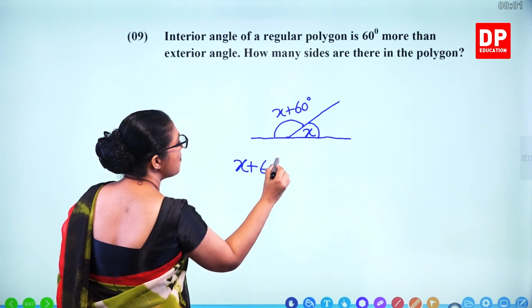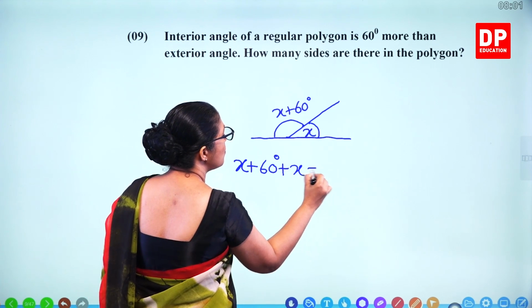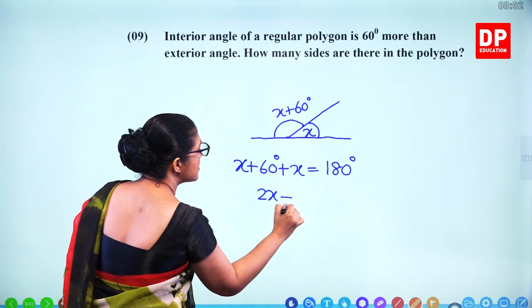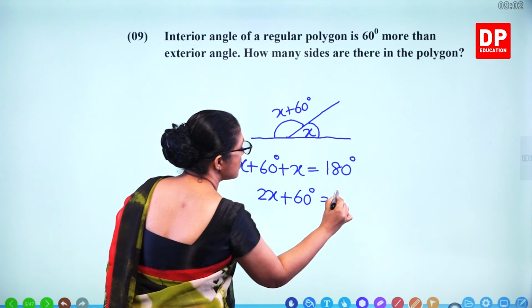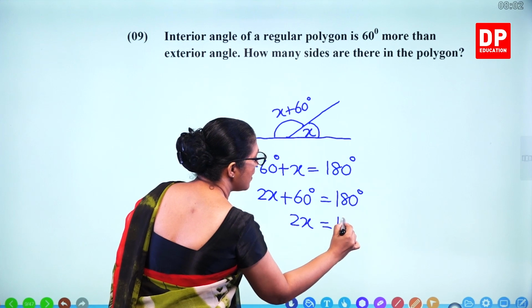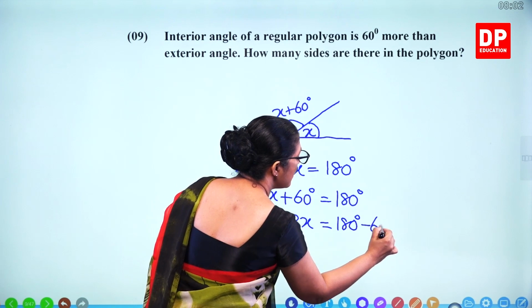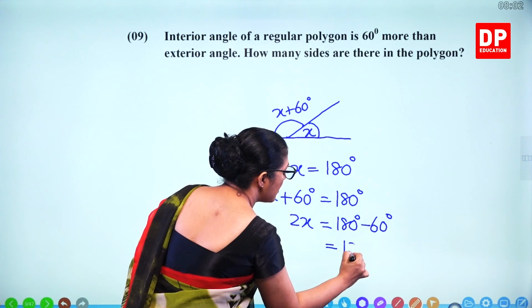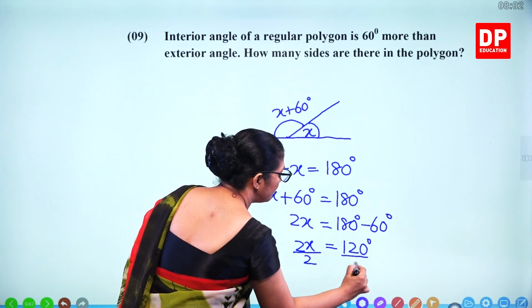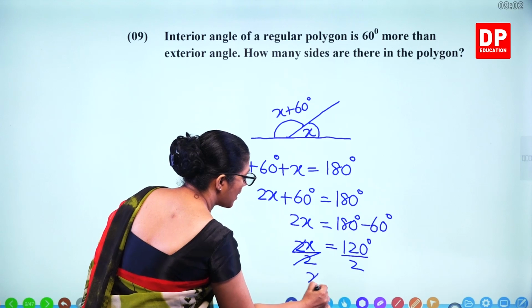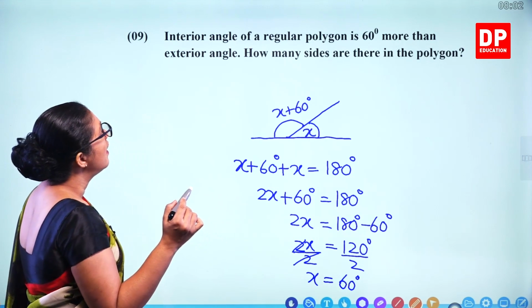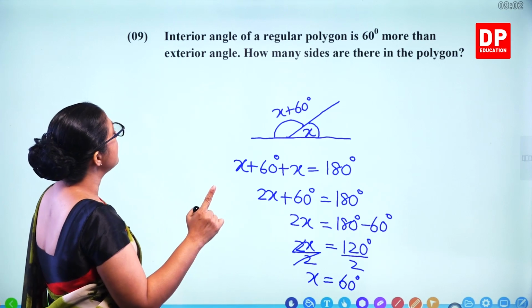X plus 60 plus x is equal to 180. 2x plus 60 equals 180. 180 minus 60, you get 120. Divide by 2. X becomes 60 degrees. So that's exterior angle.